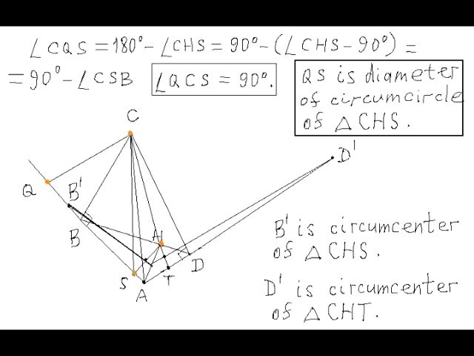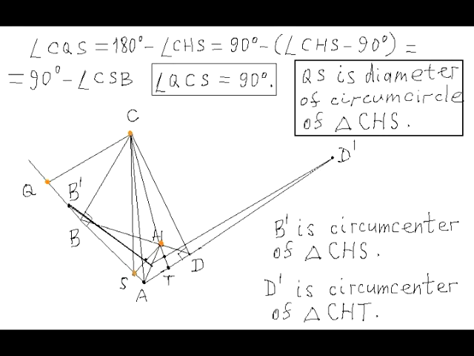Since point B' lies on the diameter of the circumcircle of triangle CHS, and at the same time it lies on the perpendicular bisector of segment HS, B' is the circumcenter of triangle CHS.